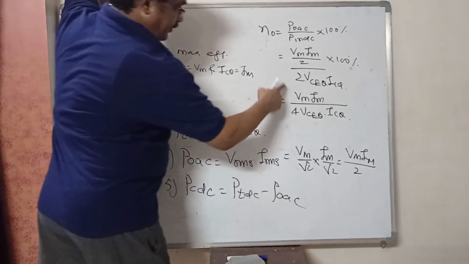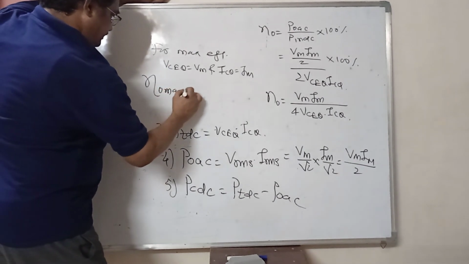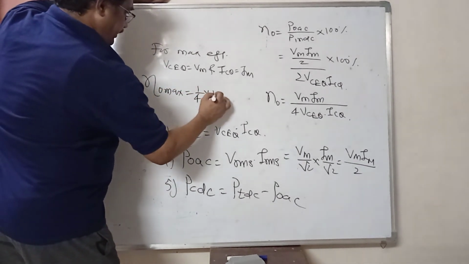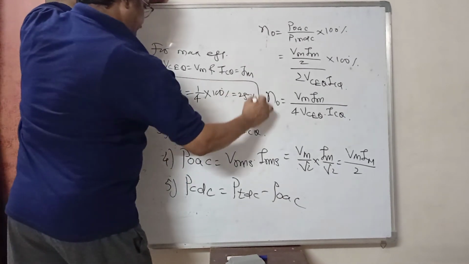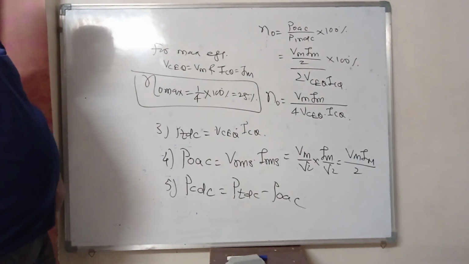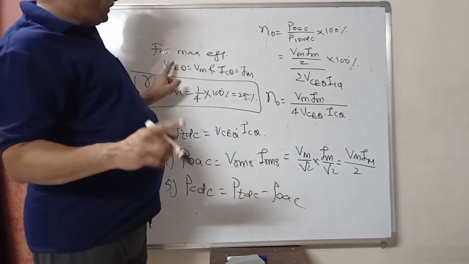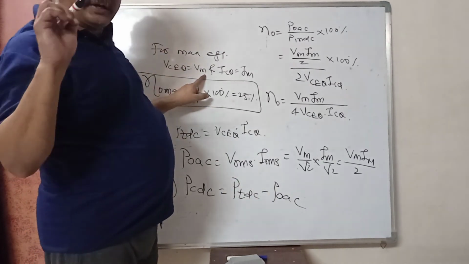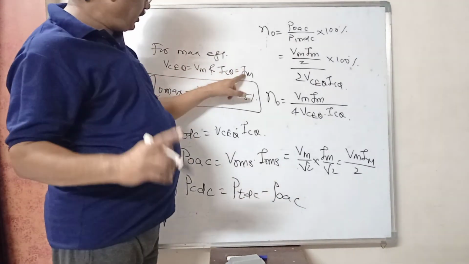If these are equal, they cancel, so the maximum overall efficiency is 1 by 4 into 100%, that is 25%. For maximum efficiency, this is the condition: the Q point will shift up to the maximum value, so VCEQ will shift up to Vm and ICQ will shift up to Im.